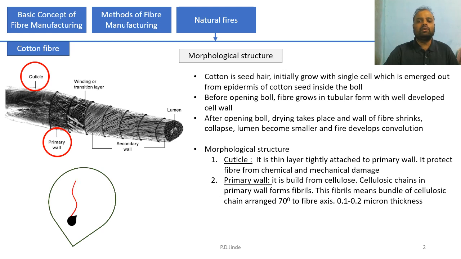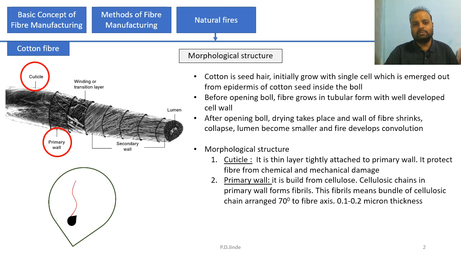Most of the fiber is built up from cellulosic material, and the primary wall is no exception. The primary wall is also built from cellulosic material. So the cellulosic chains in the primary wall form a fibrillar structure. You can see the randomly placed molecular chains are there.